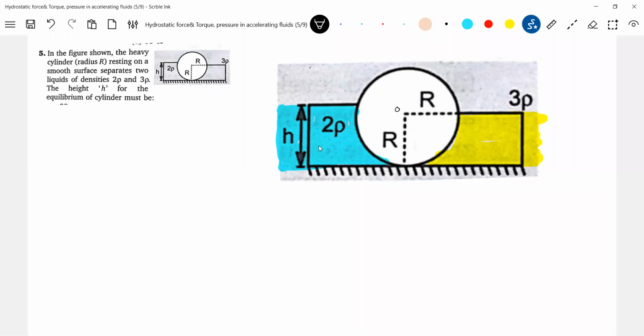So how will the forces be acting on the cylinder? We'll go for the forces. It should exert normally. This liquid will exert a force like this.